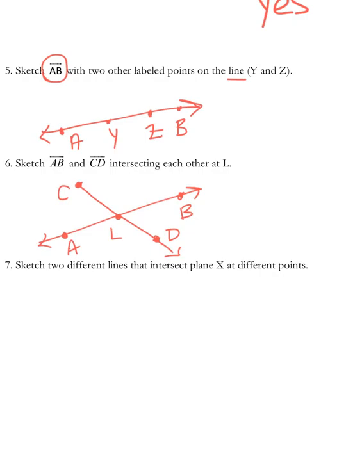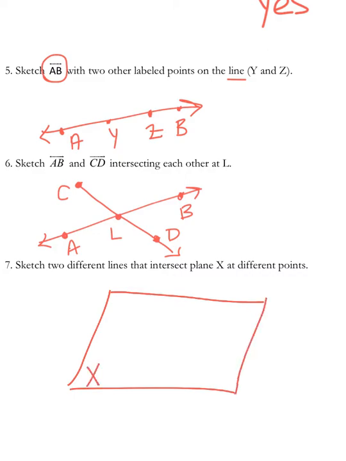The next one is sketch 2 different lines that intersect plane X at different points. Now this one's a little bit trickier. So I have a plane and my bolded X in the corner. And then it says the lines are intersecting the plane at different points. So it's like it's going through the plane. So if you would punch a pencil through a paper, you're going to try to draw that on a 2-dimensional figure, even though it's 3 dimensions.